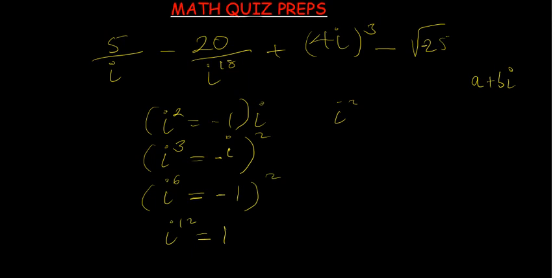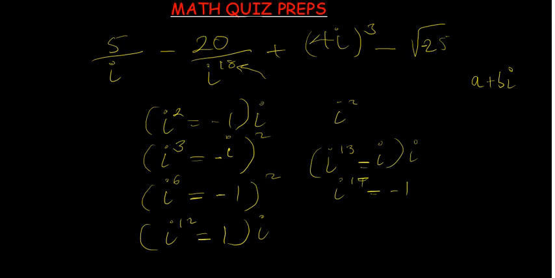So our aim is to reach up to 18. So what we can do at this point is, let's multiply this portion by another I. So what we are going to get is I to the power 13 is 1 times I, which will give us I. So again, if we multiply this portion by an I, we'll get I to the power 14 being equal to I times I, which is I squared, and we know that I squared is negative 1.